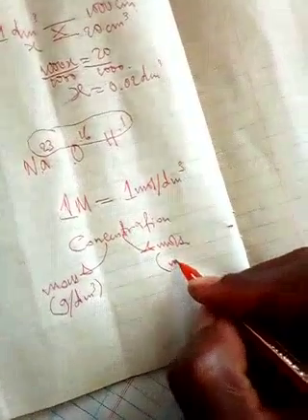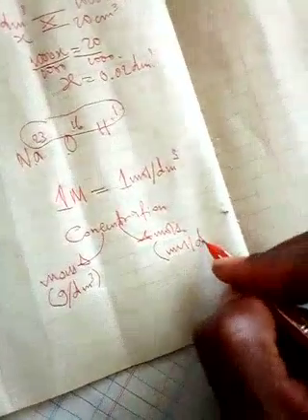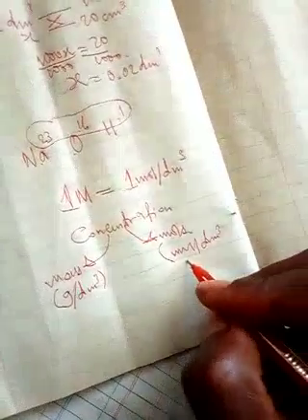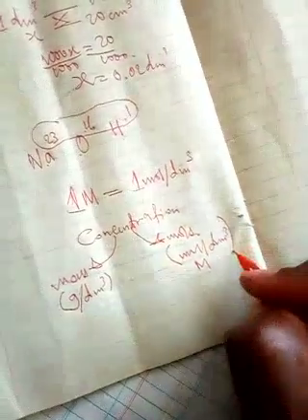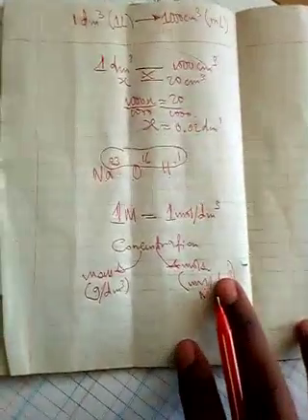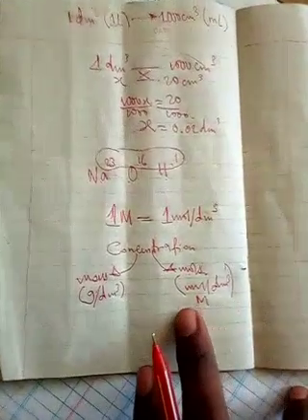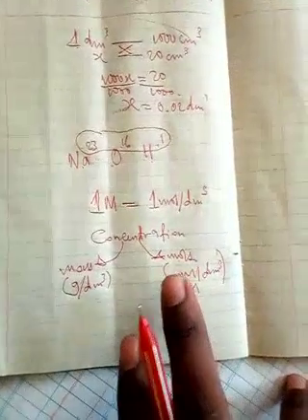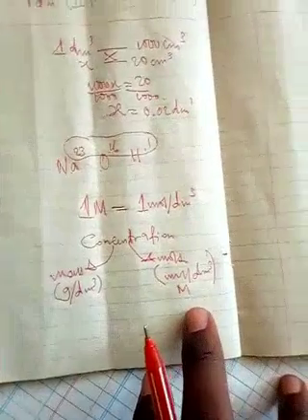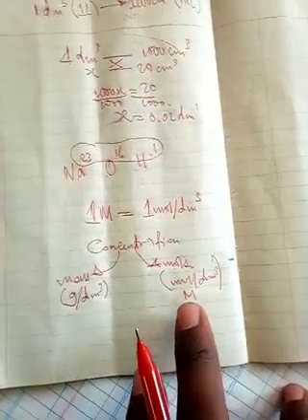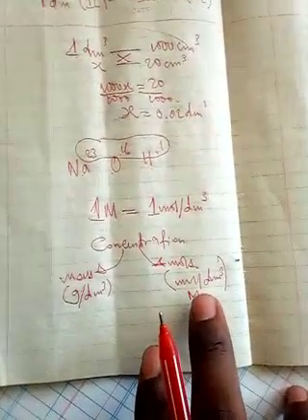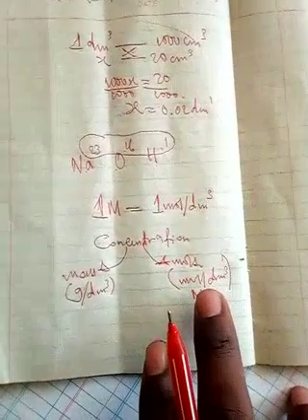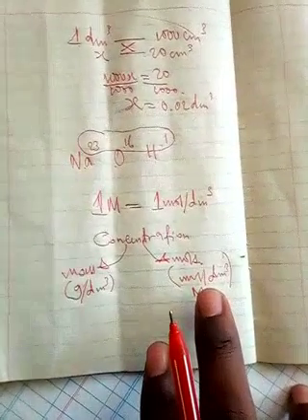But if your concentration is expressed in terms of moles, we saw that it was mole per decimeter cubed, or the molar. There is a special type of concentration here. That concentration that is expressed in terms of moles or mole per decimeter cubed is what is referred to as molarity.